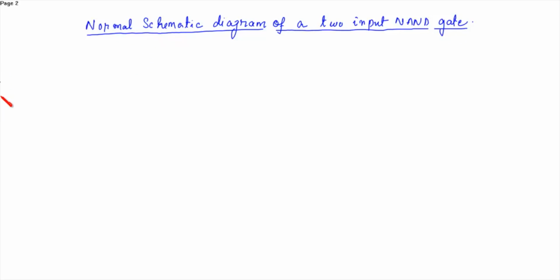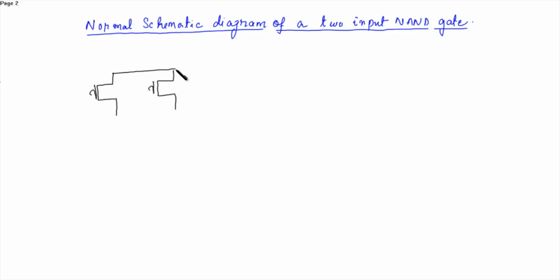Okay, so we know that the PMOS is in parallel and the NMOS is in series. So there are two PMOS. This is PMOS 1. This is PMOS 2.